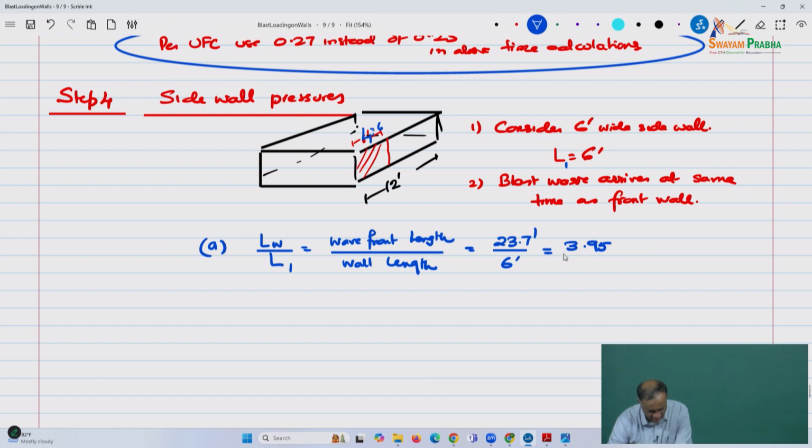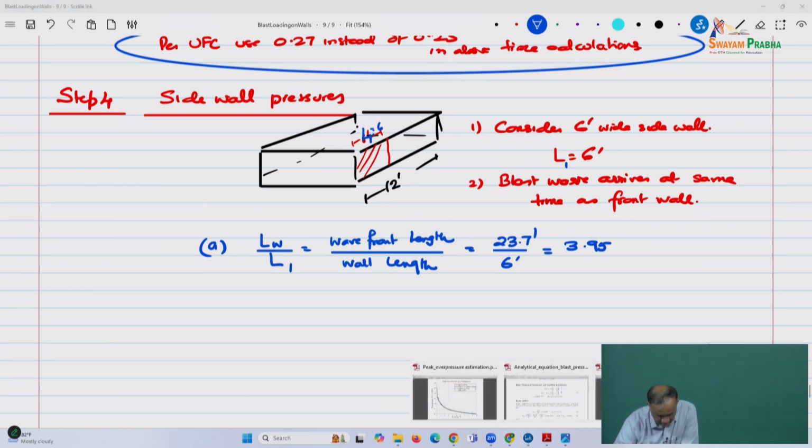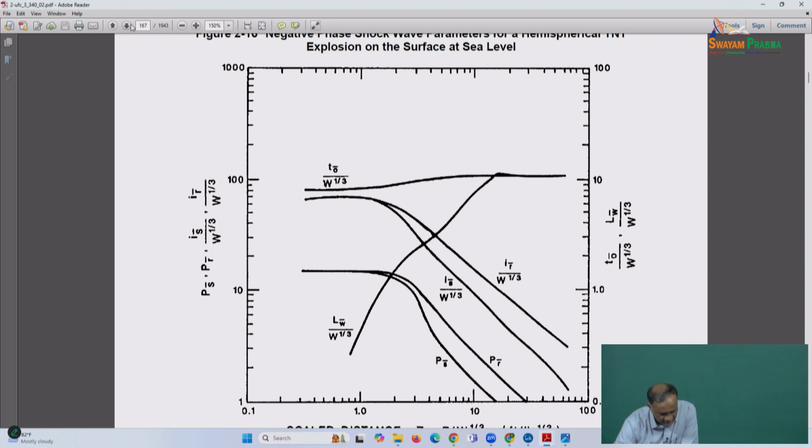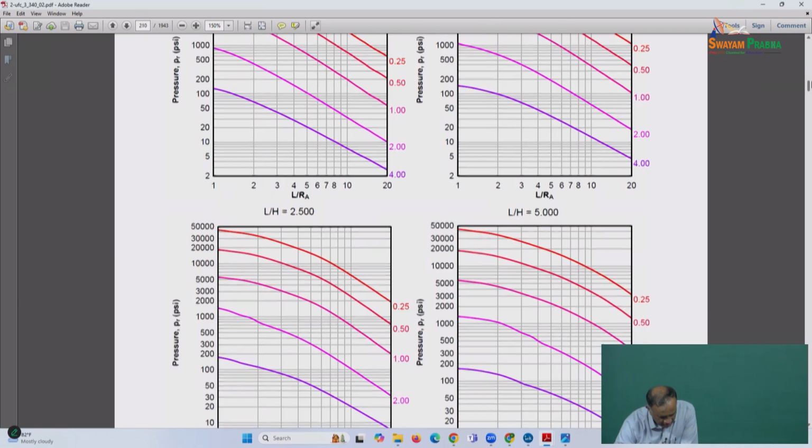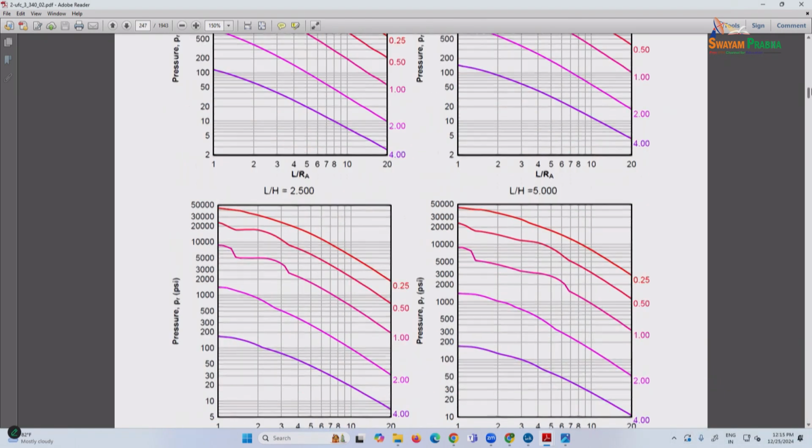And so if you go to figure 2-196, so this is 215. Let me go down a little. I've copied this figure in the main.